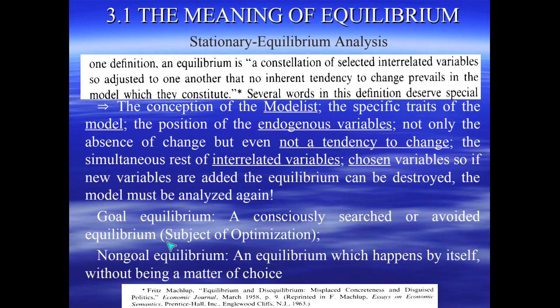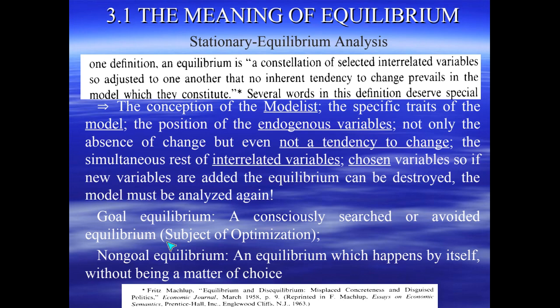Equilibria is the equal balance in Latin. Equilibrium is the singular. Equilibria is the plural form. And in English, one uses the Latin words. So the plural of equilibrium is not equilibriums, but one says equilibria with an A. So there are two types of equilibria, a goal equilibrium and a non-goal equilibrium.